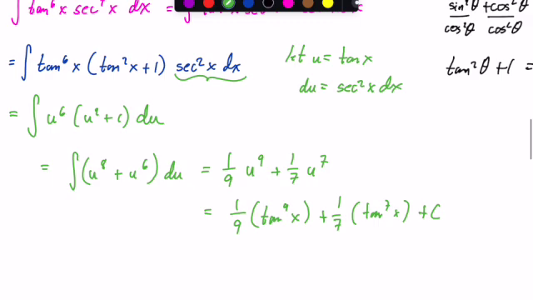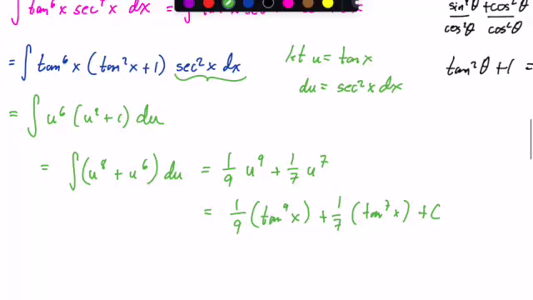If instead my integral had been tan to the fifth of theta secant cubed theta d theta, well, now I go, okay, I've got these odd powers. Those don't really work in the trig identities, but I do know that the derivative of secant theta would be secant theta tan theta.